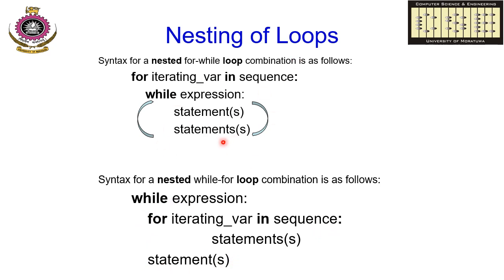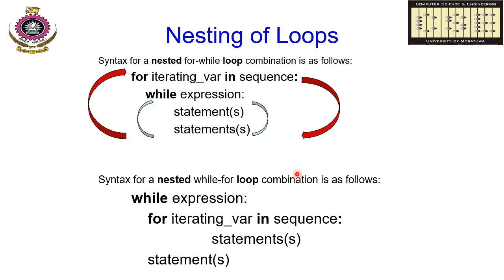In this case, however, notice that there are no other statements included in the body of the for loop other than the while loop itself. If we had something here in this indentation, that would be included as part of the body of the outer for loop.